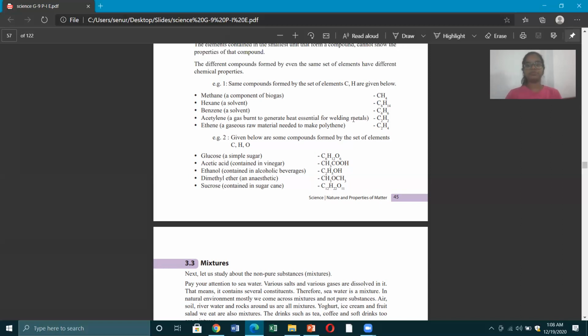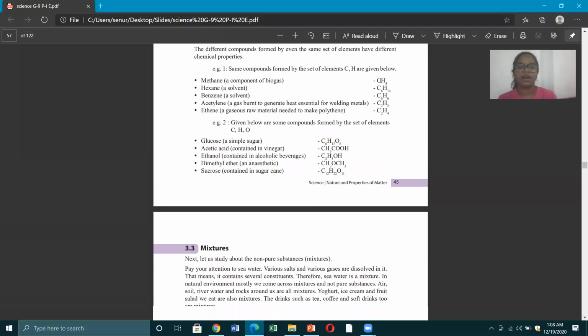Okay. So in methane, the ratio is, children, 1:4. But if you take hexane, it's 6:14. You can simplify it. If you take benzene, it's C6H6. If you take acetylene, it's C2H2, 2 C atoms and 2 H atoms. Likewise.